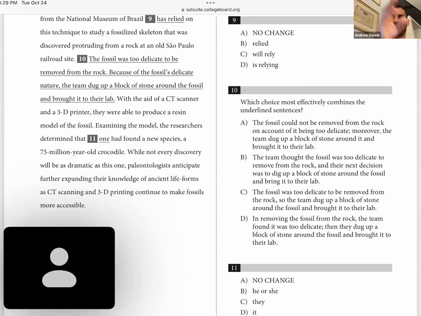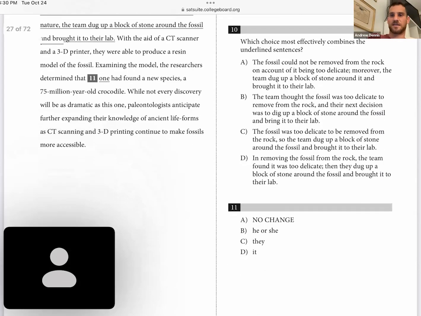The fossil was removed, instead of the rock was a place that was too delicate to remove a fossil. That's passive voice. We want to use active voice, and we want to use conciseness. So A and B were chunky. Moreover, and then B was "and their next decision." C really just connects it succinctly.